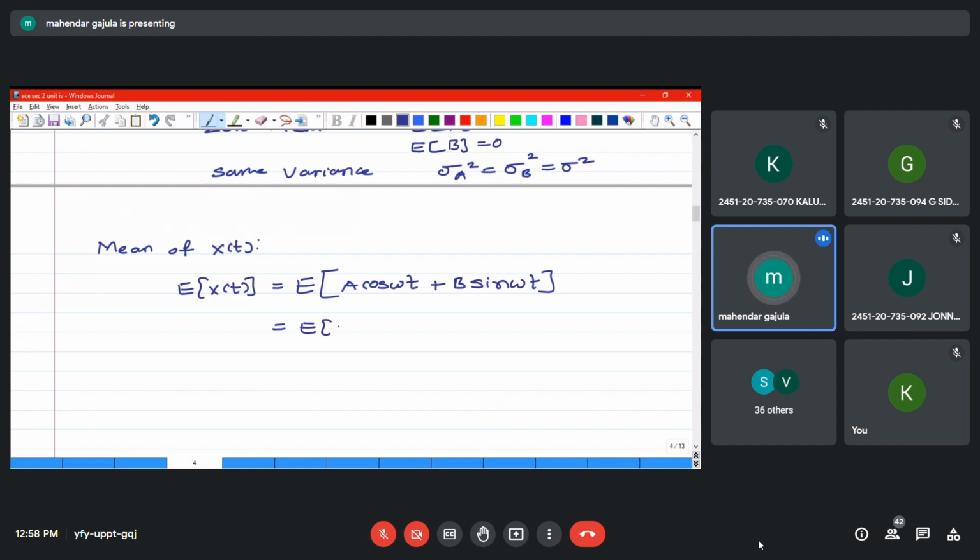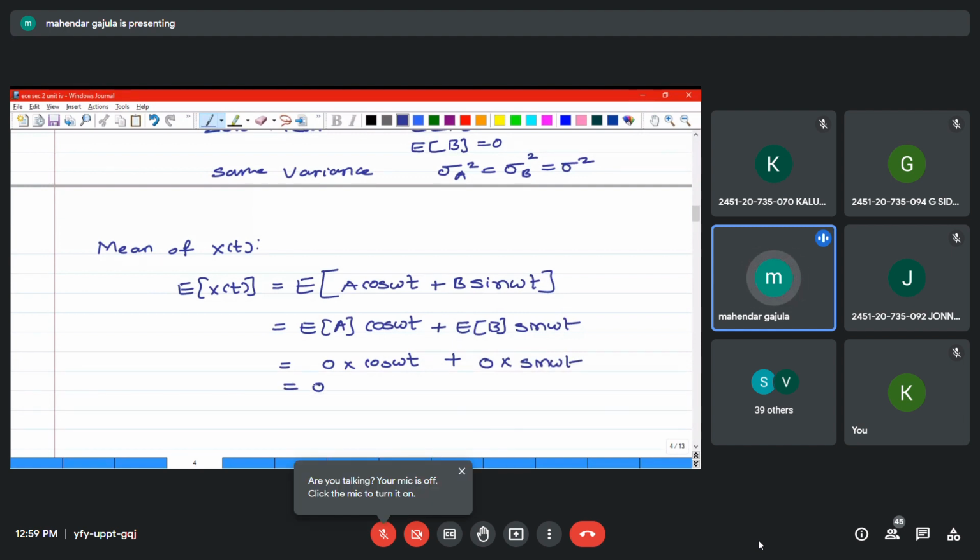So expectation of a cos omega t is a constant times expectation of A, because omega is constant. Cos omega t is a variable, but it is not a random variable. Do you understand the difference between variable and random variable? And the expectation of b sin omega t likewise. What is expectation of A? 0, right? 0 into cos omega t, and expectation of B is 0 times sin omega t.